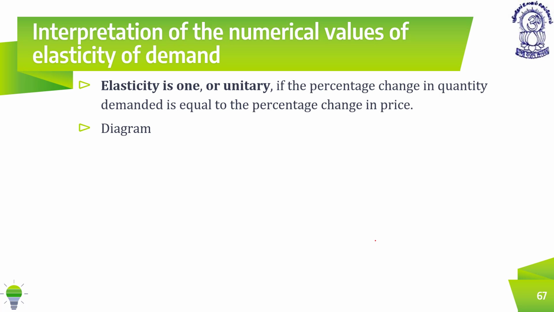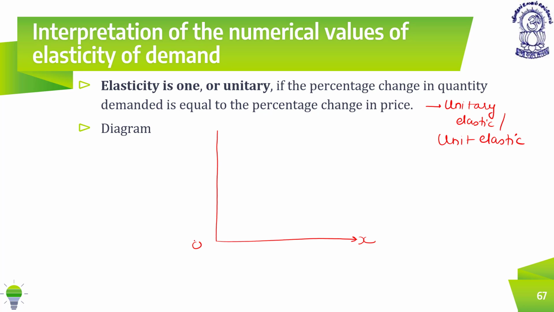The next topic is elasticity of demand is 1, that is unitary elastic. So we'll write over here it is unitary elastic or unit elastic. X origin, Y. Over here we will denote price, over here we will denote quantity demanded, that would be in units.